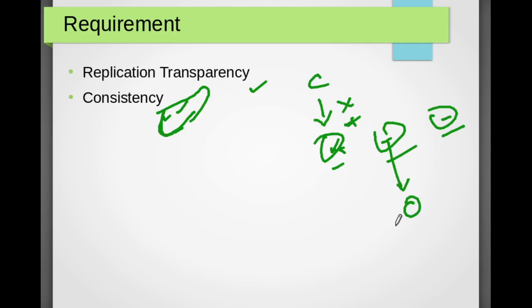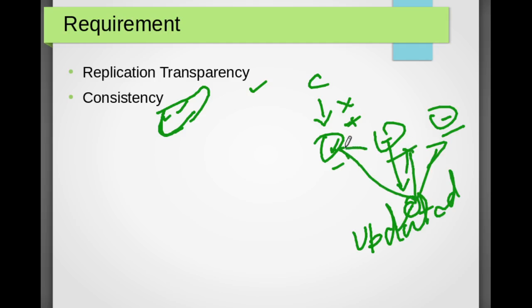This data can be updated, and whenever it is updated, it should be reflected in all the replicated copies, so that whenever the client tries to access it, they get the correct data. Consistency is mainly related to getting and keeping the correct data. So these are certain things we have to keep in mind while thinking about replication in our system.